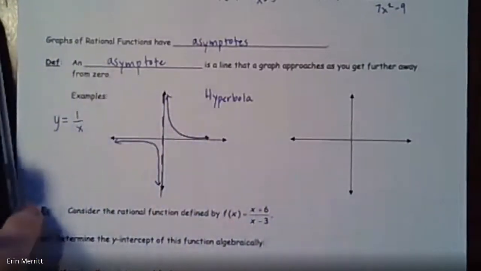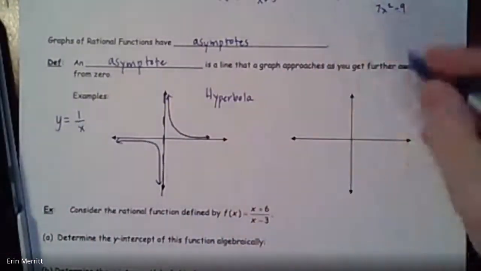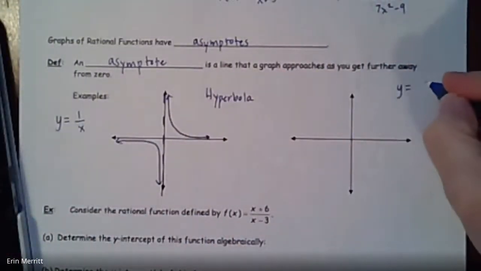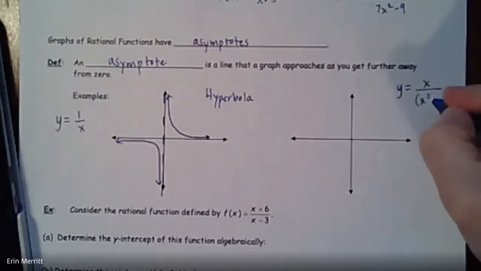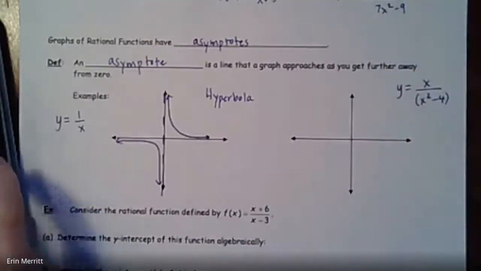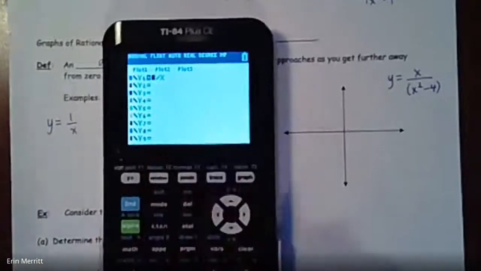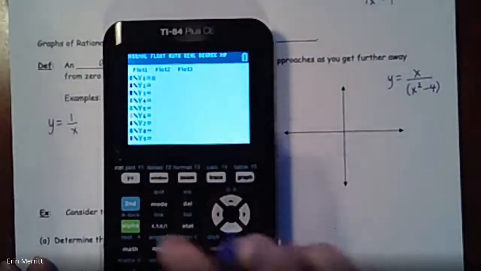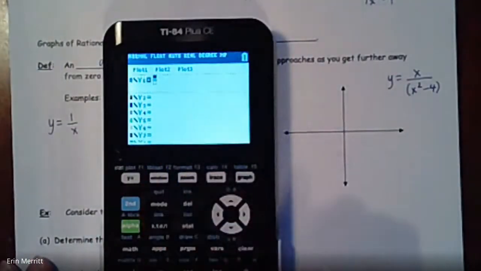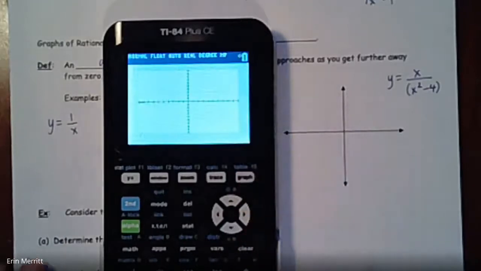Another example that's slightly more complicated is if I have y equals x over x squared minus 4. Same thing, just to give you an example of what this could look like. I'm going to use the alpha y equals here. So if I go x and then over x squared minus 4, and then hit graph, you can have more than one asymptote.